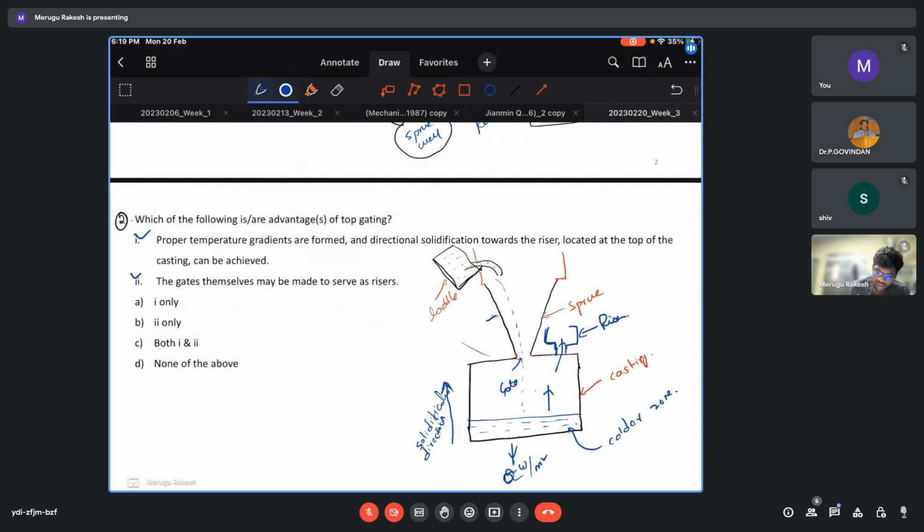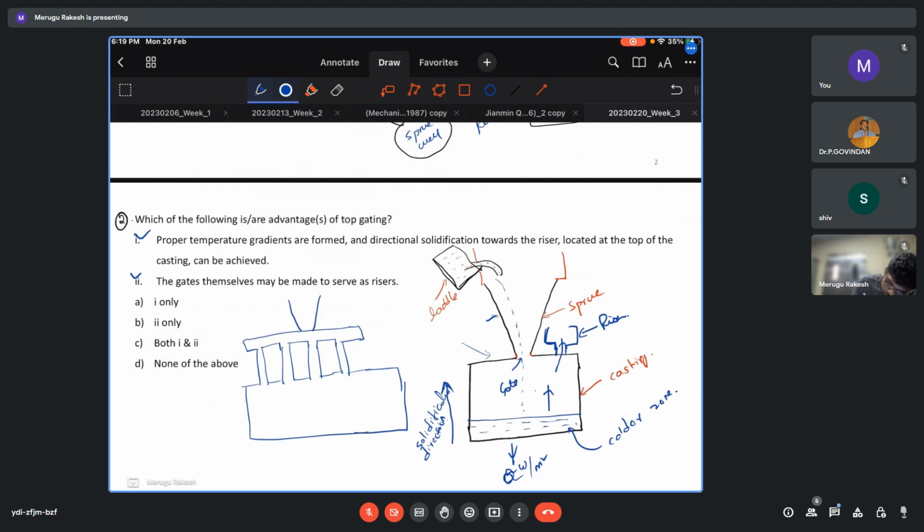I can draw a simple figure with one casting, or take a big casting with several ingates and a common sprue. These are serving as risers in my case, since the solidification is occurring in this direction.